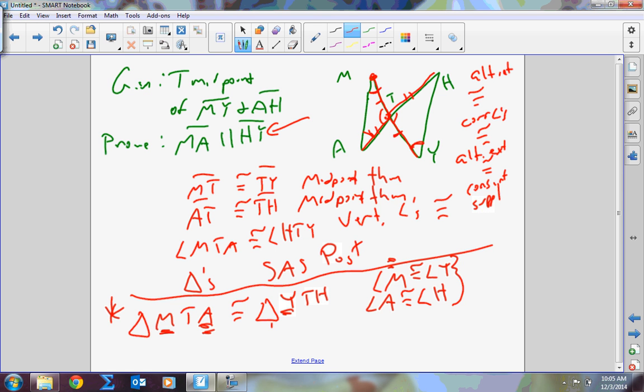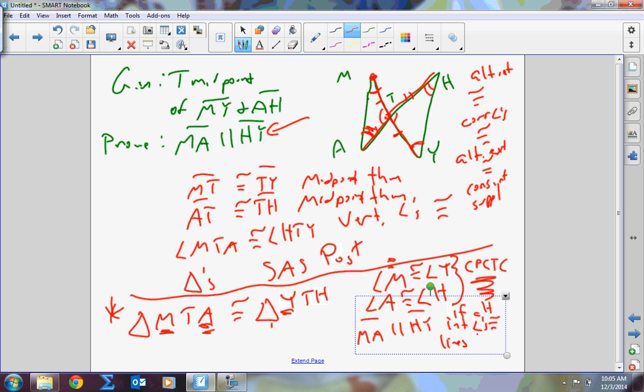That is not why those angles are congruent. They're congruent because the corresponding parts of congruent triangles are congruent. And since those angles are congruent, now I know that the segments are parallel, because if the alternate interior angles are congruent, then the lines are parallel.